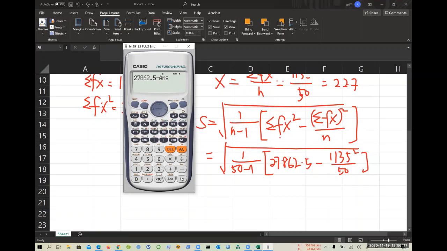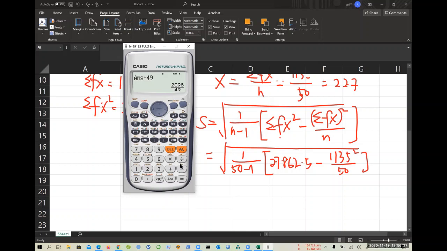So equal to this much. And then this is 1 divided by 49, right? So the whole thing just now, 2098, you have to divide by 49. So you get this one.